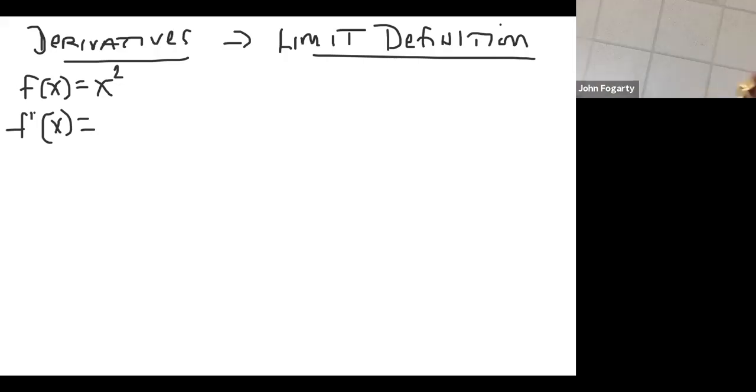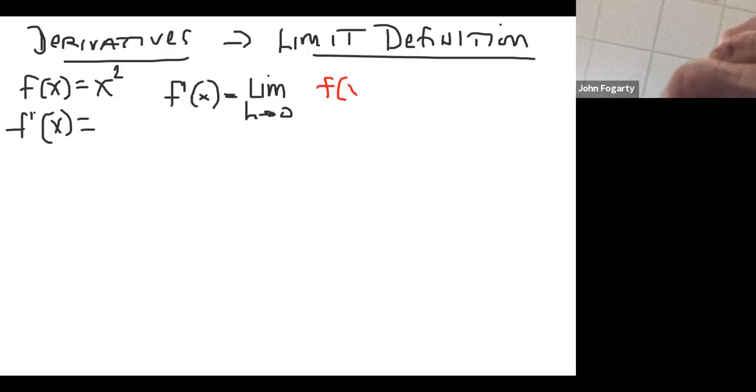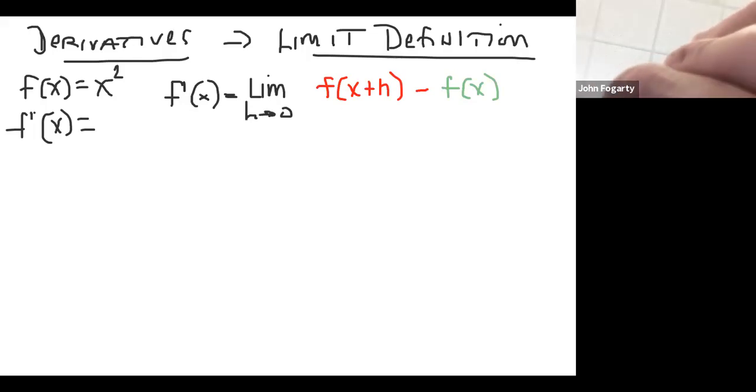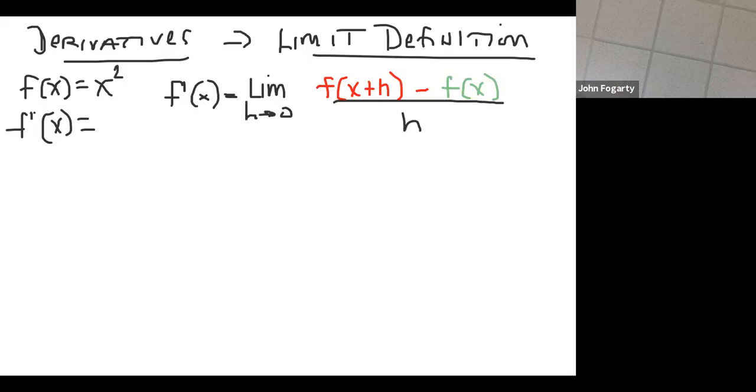What you learned last week was that f prime of x equals the limit as h approaches 0 of f of x plus h minus f of x, all of that over h, all right? So then all I would have to do is take that function right there and substitute it in.